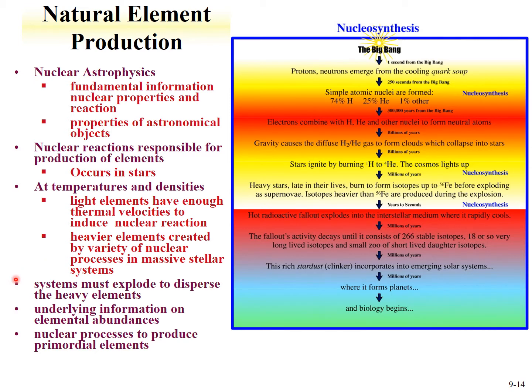And then these systems have to explode and disperse elements. And this is why we can find uranium, which has a 4.5 billion year half-life on Earth today. So these nuclear processes produce the primordial elements.